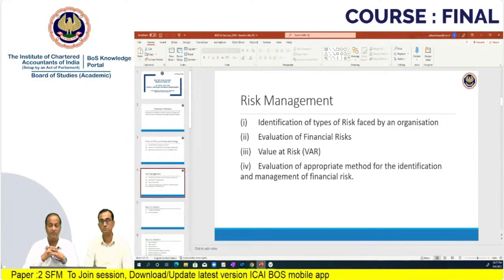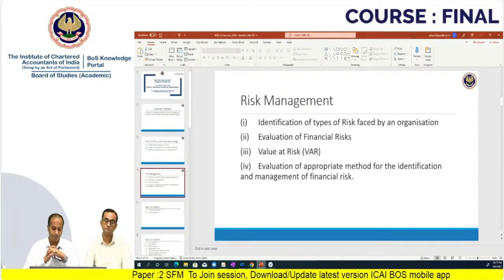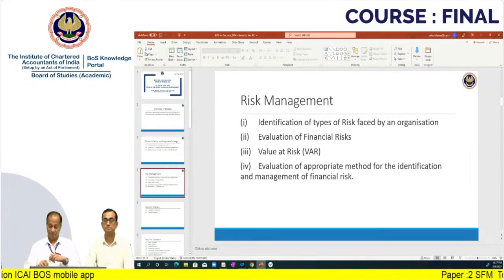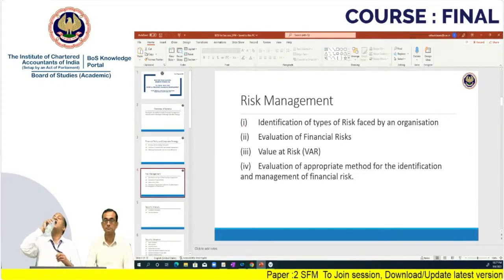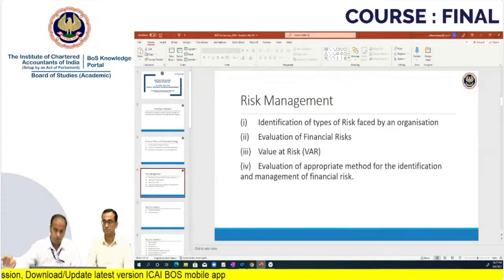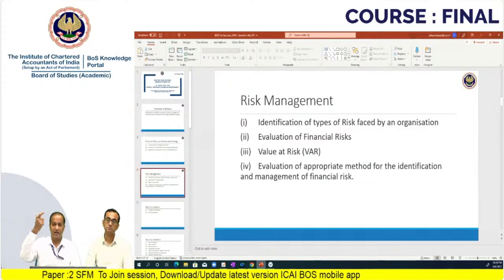So I asked, where have you lost your marks? He said, in theory. I asked why. He said, because sir, I have referred to some notes. I asked, from which notes? He said he referred to a coaching center's notes, which they had given him, and he had gone through them.